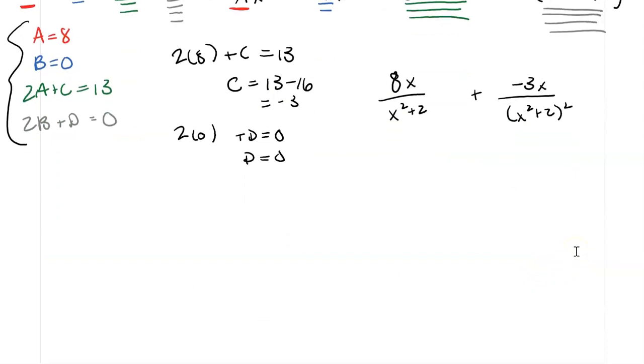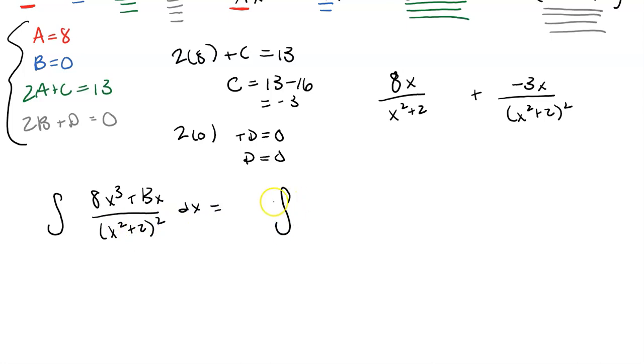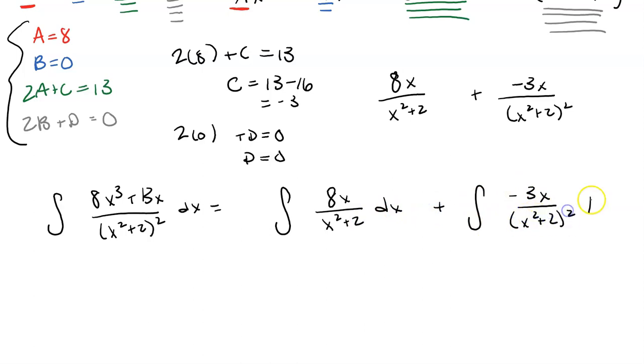Okay, so I'm going to integrate that. So the original integral I wanted was the 8x cubed plus 13x over (x squared plus 2) squared. So I'm now going to be integrating 8x over x squared plus 2 dx plus negative 3x over (x squared plus 2) squared dx.